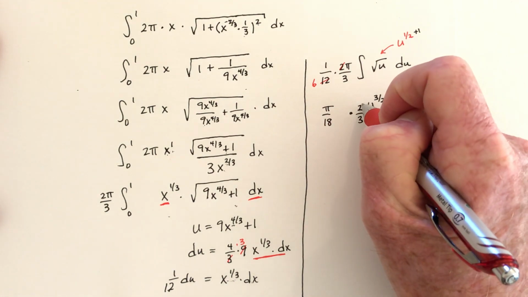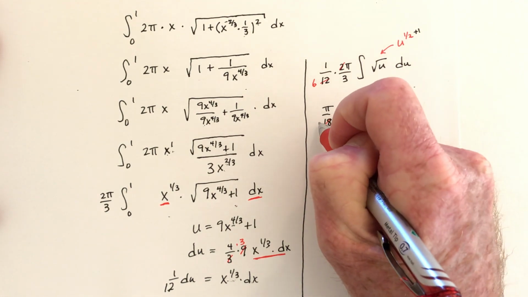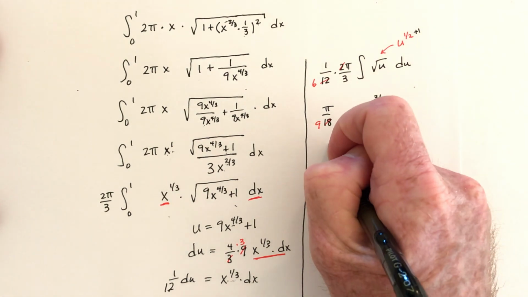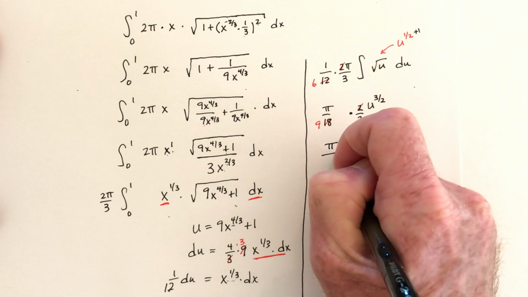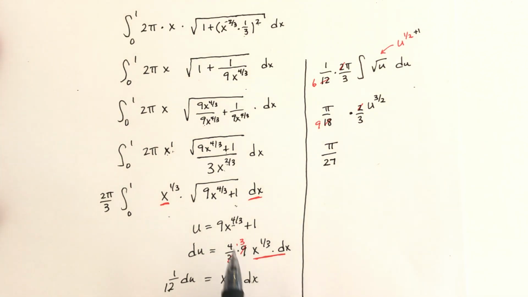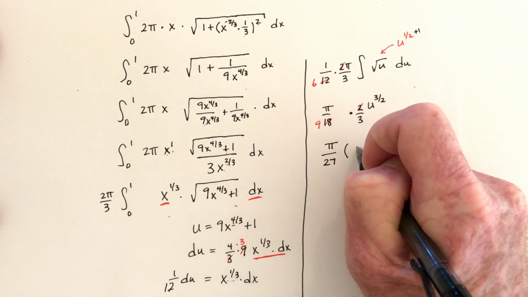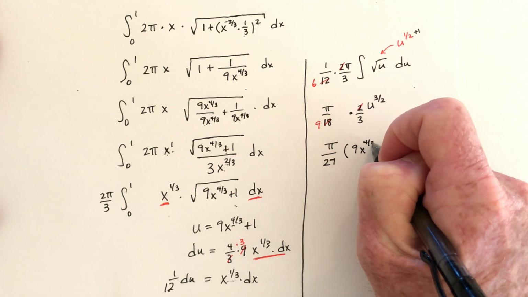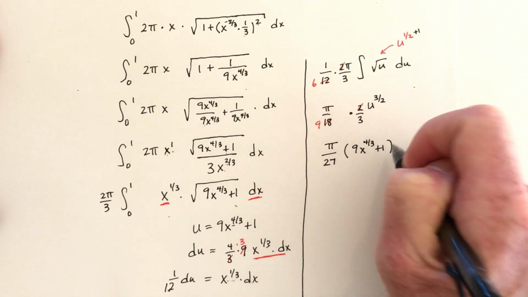A little more simplifying, a 2 will divide into an 18 9 times. So that's going to leave pi over 9 times 3, or pi over 27. Replace the u with this 9x to the 4/3 plus 1.